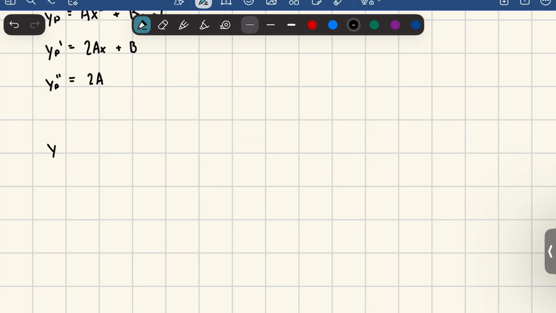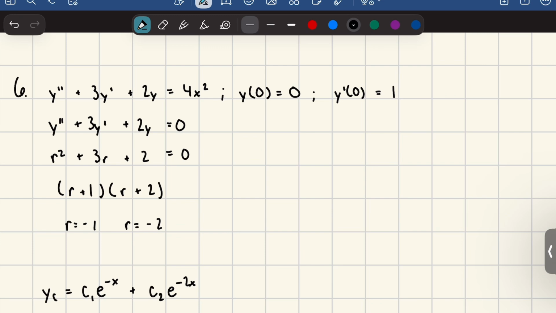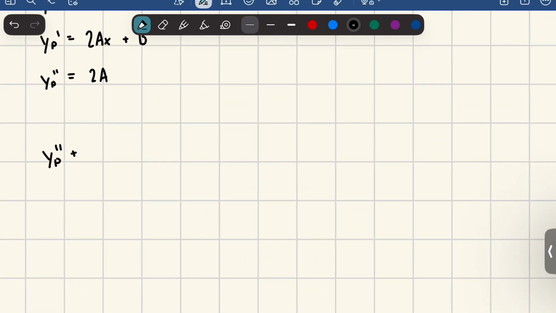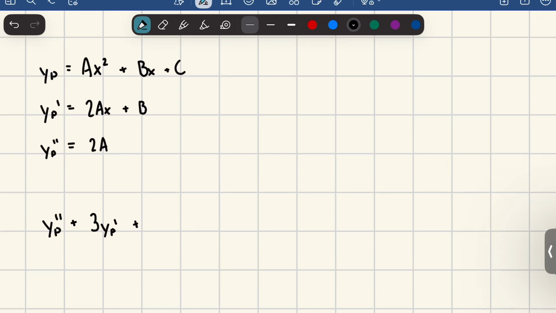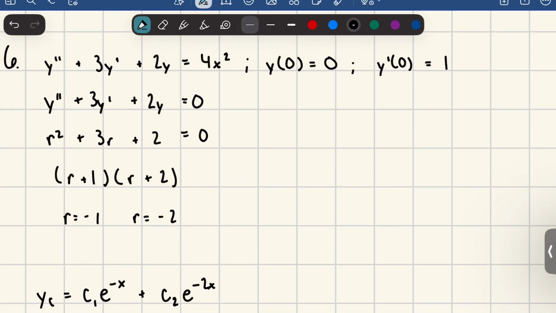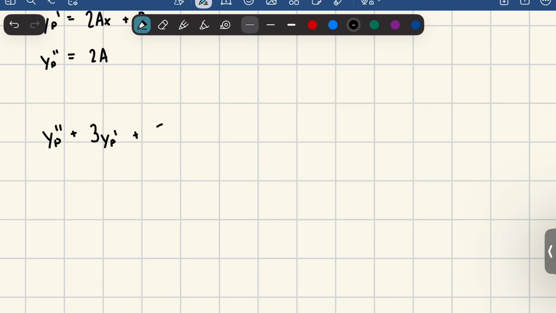So it's going to be yp double prime plus 3yp prime plus 2yp equals 4x squared.